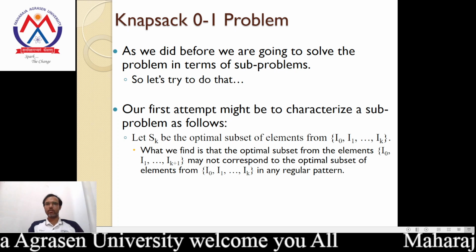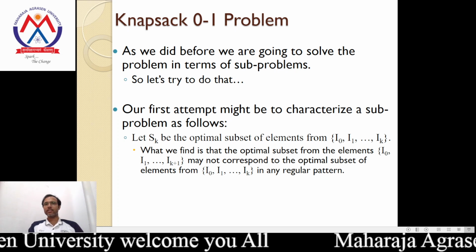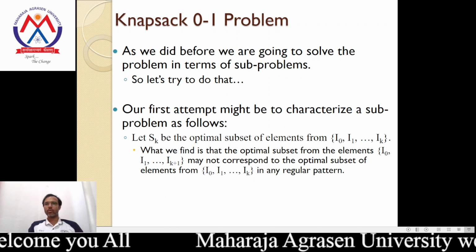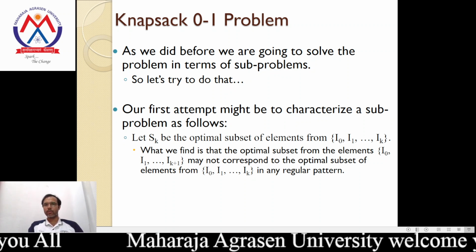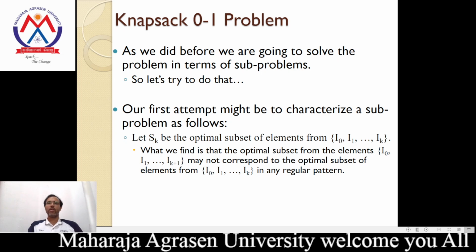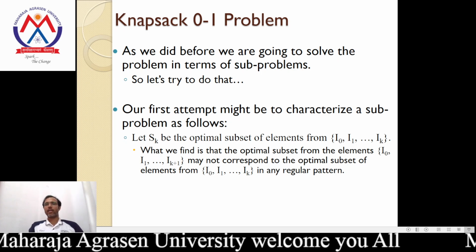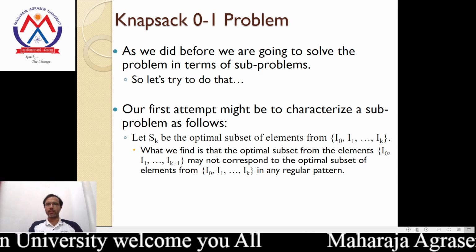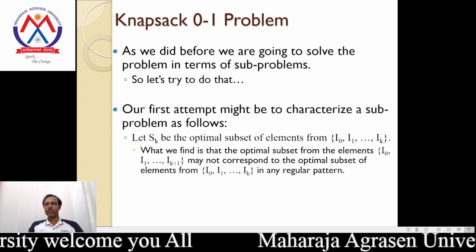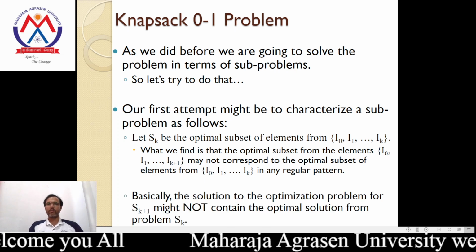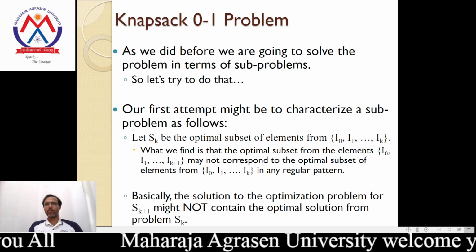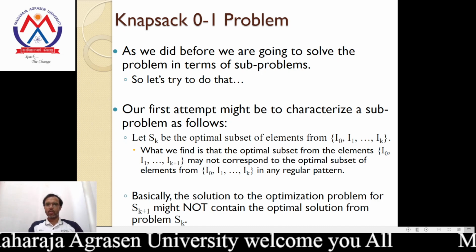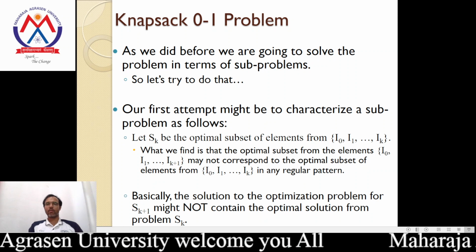What we find is that the optimal subset from the elements I0 up to Ik plus 1 may not correspond to the optimal subset of the elements I0 to Ik in any regular pattern. We have divided the problem into two parts. Basically, the solution to the optimization problem for Sk plus 1 might not contain the optimal solution for the problem Sk.